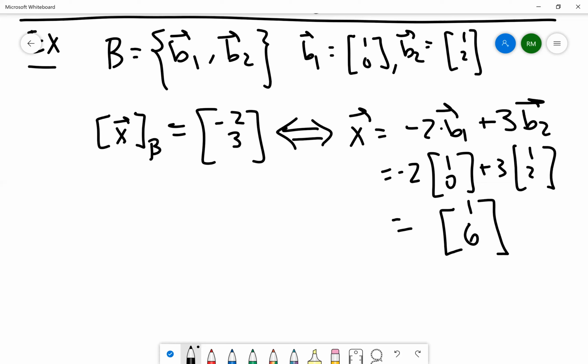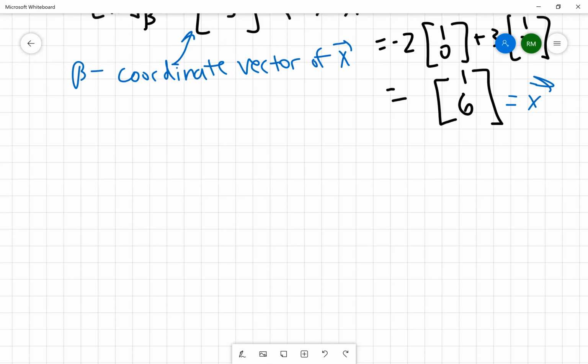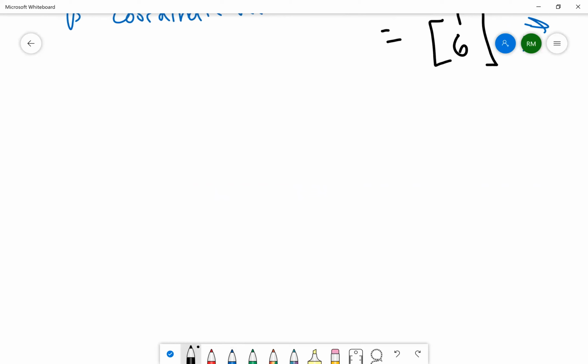So this part is the coordinate vector, well, the beta coordinate vector of x, and this part down here is just x. So we're going to create two graphs and show you what's going to happen. So we have our standard graph here. So you can have your standard graph paper.